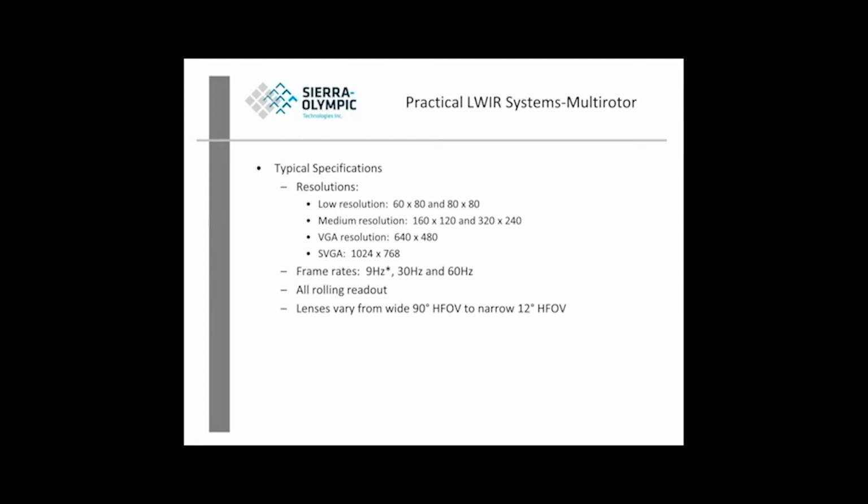So defining resolutions. Certainly there's 60 by 80 and 80 by 80. That's the low resolution class. You can get some good work done with these resolutions, however. Don't discount them. Medium resolution now is 160 by 120 or 320 by 240. Most commonly, we see VGA resolution being 640 by 480, and you can get today 1024 by 768.